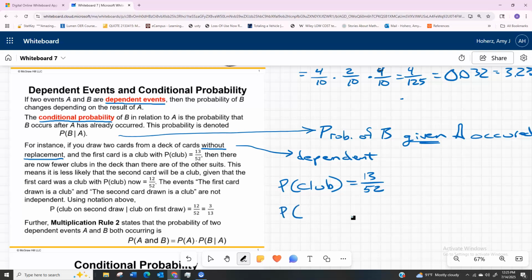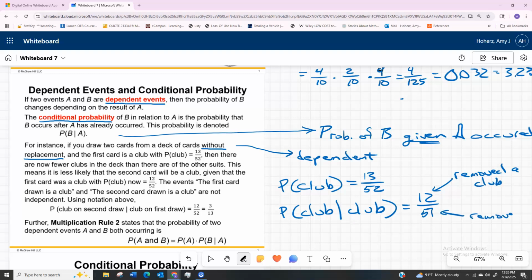So the probability of getting a club, given that you've already drawn out a club, is 12 out of 51, because we've removed one club on the first draw, and we've removed one total card. So we've removed one card, which has brought us down to 51 cards, and we have removed a club.